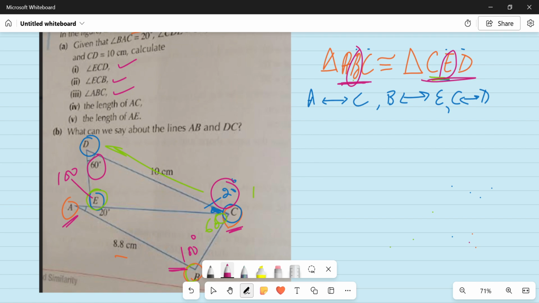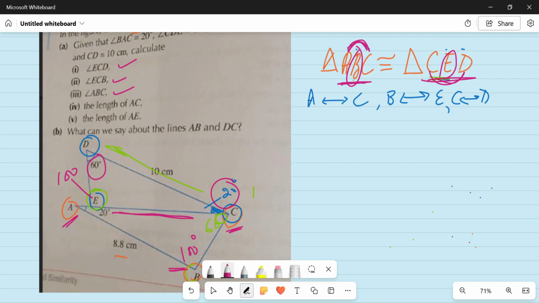Now the length of AC. When we check in the name, it says AC, so here we can say CD. AC is equal to CD. So where is CD here?